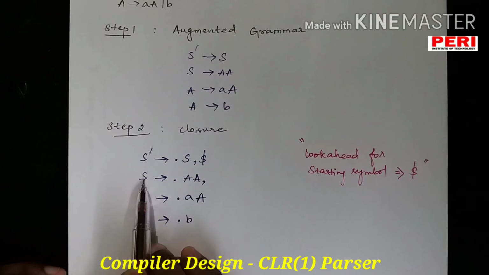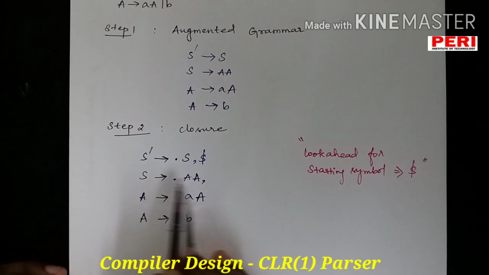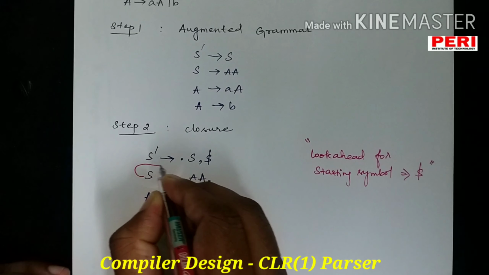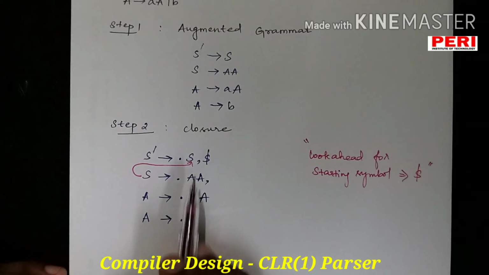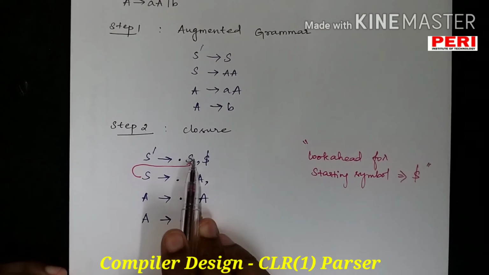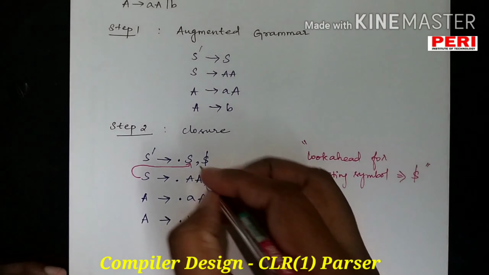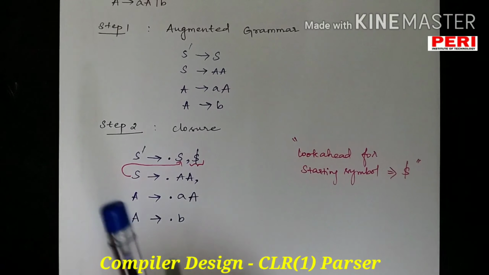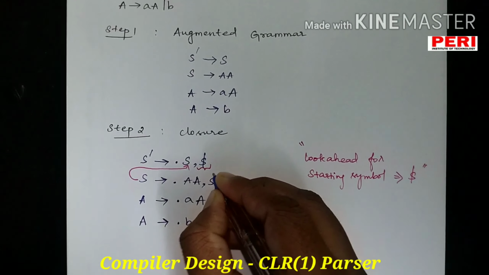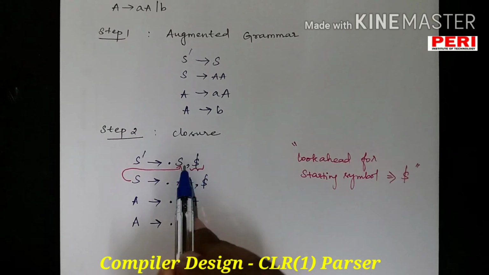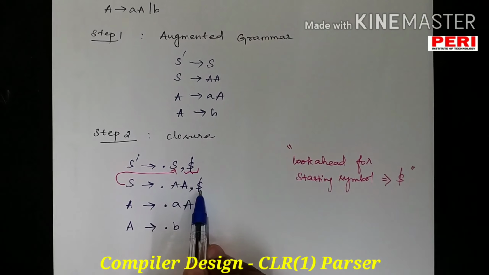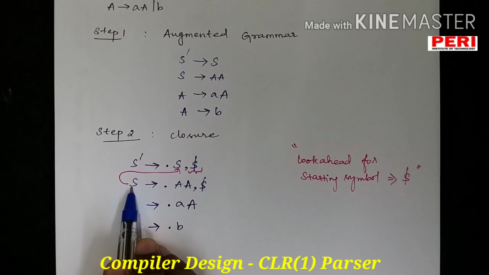Coming to the S production, it needs a look ahead. For that you have to look at the previous S. Here S is followed by dollar, so this dollar becomes the look ahead for this S also. Since only dollar is following S, I am adding dollar as my look ahead for my S production.